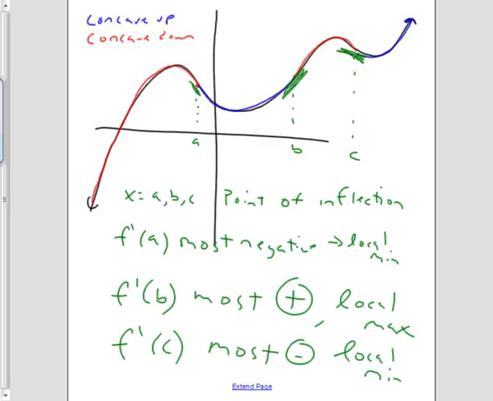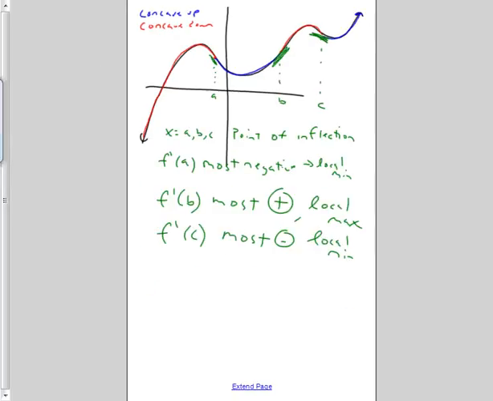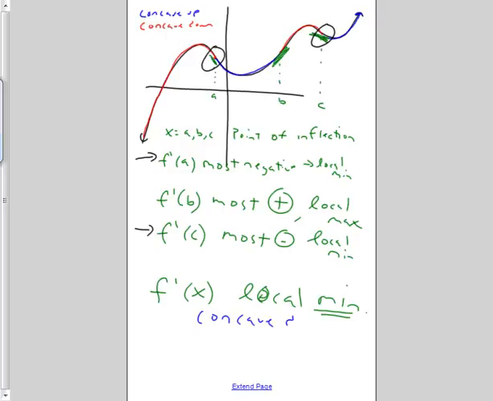Now, trying to tie this all together, when f prime of x has a local min, which it does at A and C, what's going on? In both of those cases, we're going from concave down to concave up, and this will always be the case.